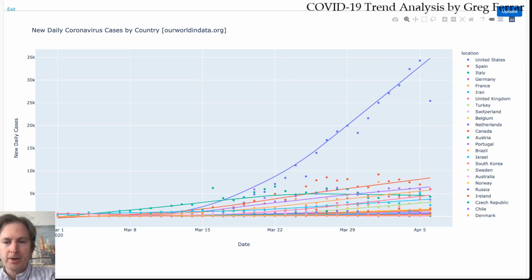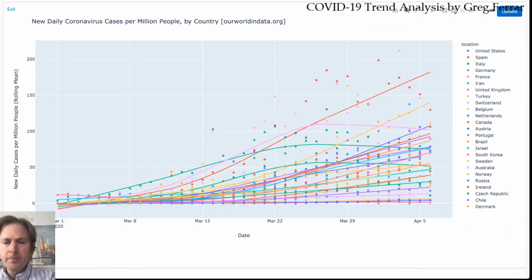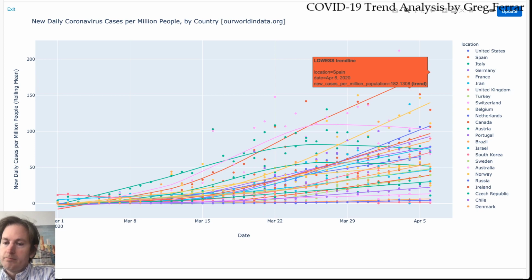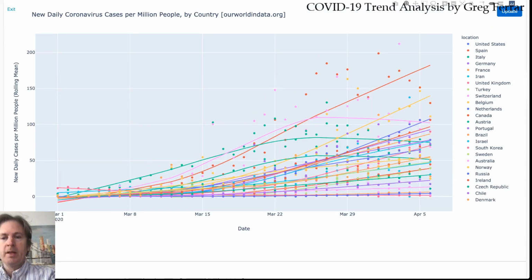I'm not going to do much more calculus now, but I will say the per capita cases per million, which lets us compare these numbers better. Spain is the leader in per capita by a fair amount. Belgium continues to be on this runaway growth. We'll see in the next whether it's really growing exponentially.